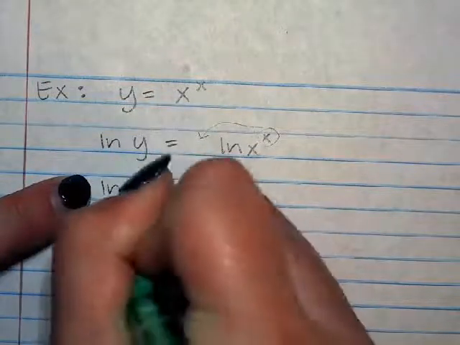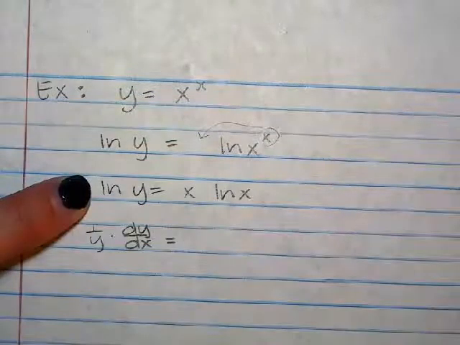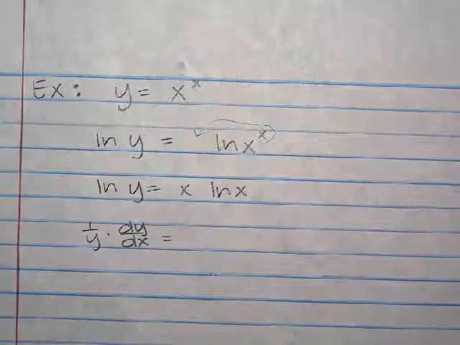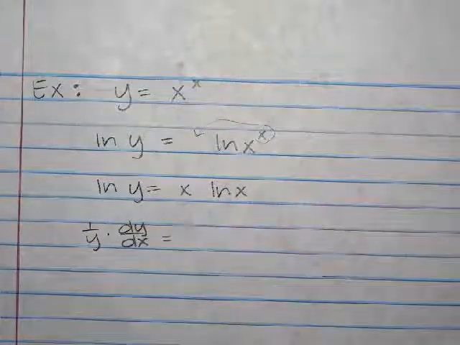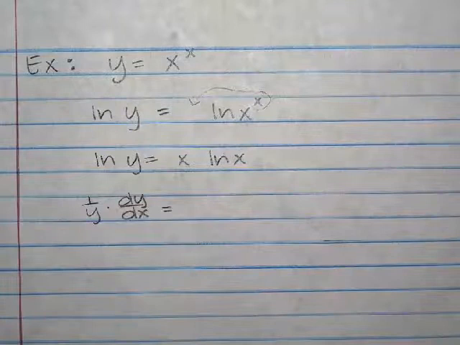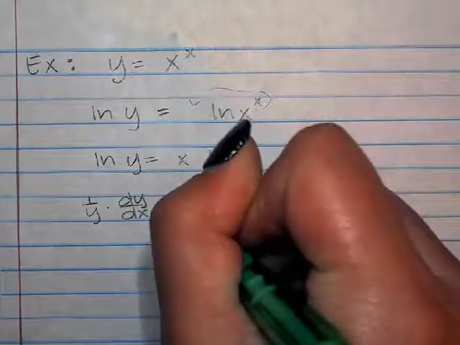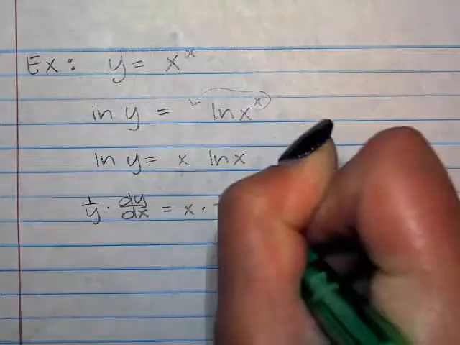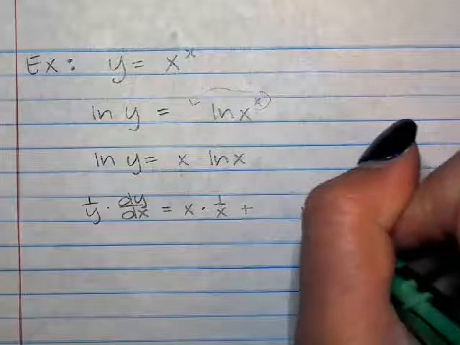When we do the derivative of the right side, we have a product happening. So we have a product rule. So what do we do? Plus, plus, okay.